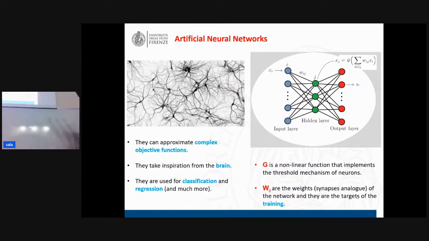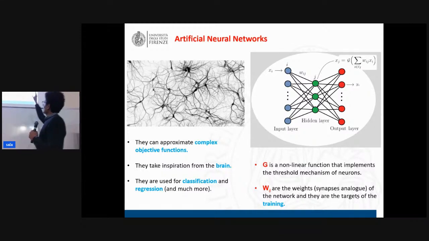And then the neuron that receives all the connections has a threshold mechanism that is referred to as G here, which is a nonlinear function that implements this mechanism. So each neuron has a simple mathematical function that basically says, if the signal that I'm getting from the neighboring neurons is above a certain threshold, I fire my signal to the other layer, otherwise I don't.